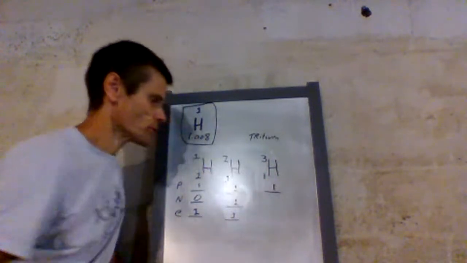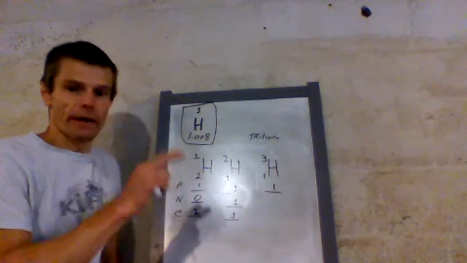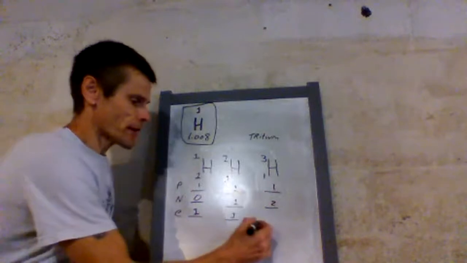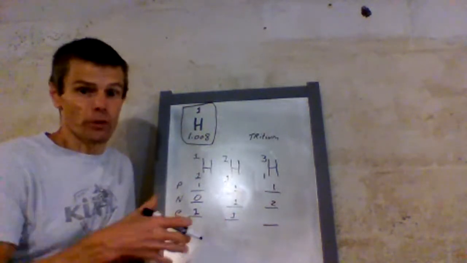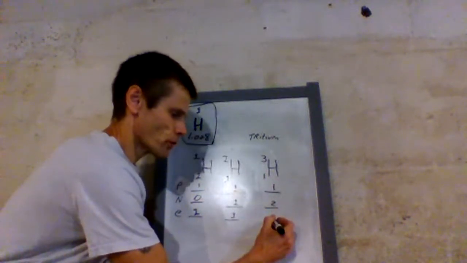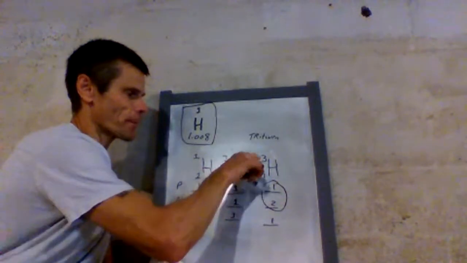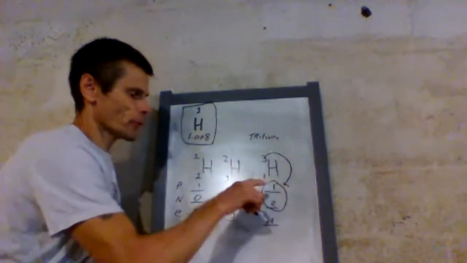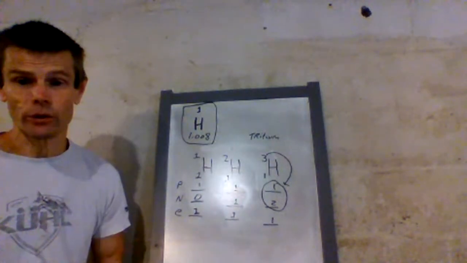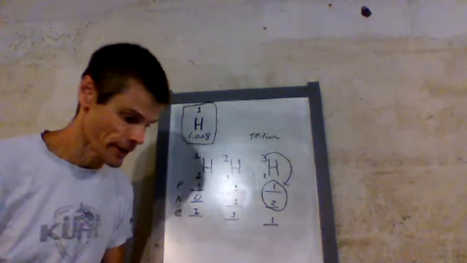It has a single proton. This particular isotope has 2 neutrons. And since it's a neutral atom, it has the same number of electrons as protons, 1. It's the combination of these two that gives us our mass number of 3. So it's the number of protons and the number of neutrons that distinguishes our mass number for a particular isotope of an element.